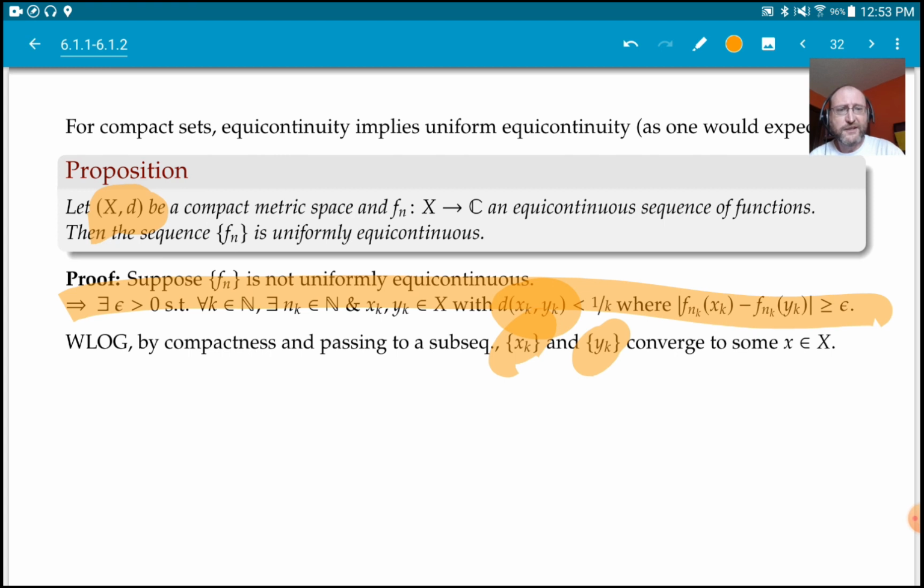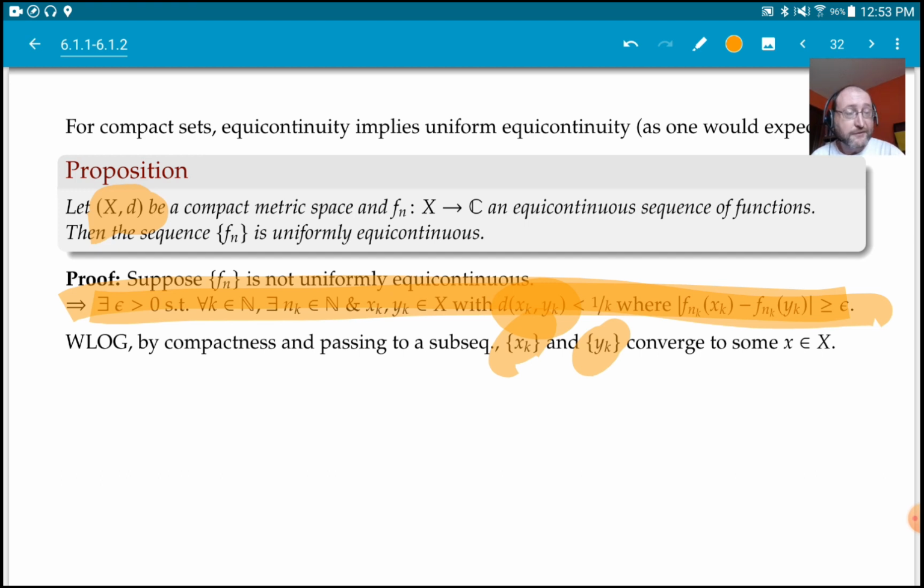Now you have to be careful when taking a subsequence. First take a subsequence such that x_k converges, and now take the corresponding subsequence of y_k. That one doesn't necessarily converge, but it's bounded. So now I take a subsequence of that subsequence to make sure that both the x_k and the y_k converge, and I will still get this property for those subsequences.